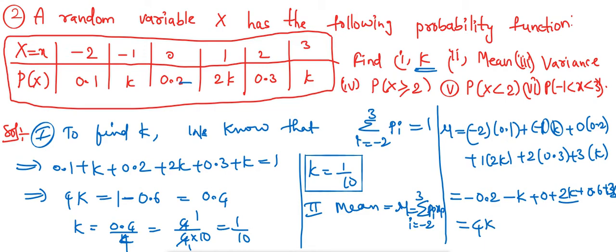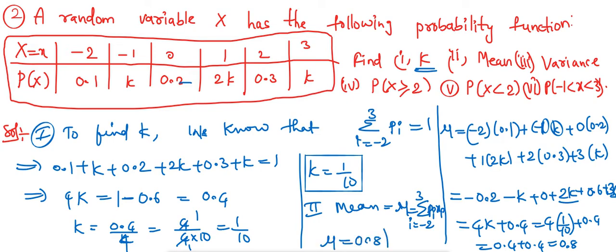Minus 0.2 plus 0.6, that is plus 0.4. It is equal to 4 into k, which is 1 by 10, plus 0.4. 4 by 10 means we can write it is 0.4 plus 0.4 is equal to 0.8. So here we can write mean mu is equal to 0.8.